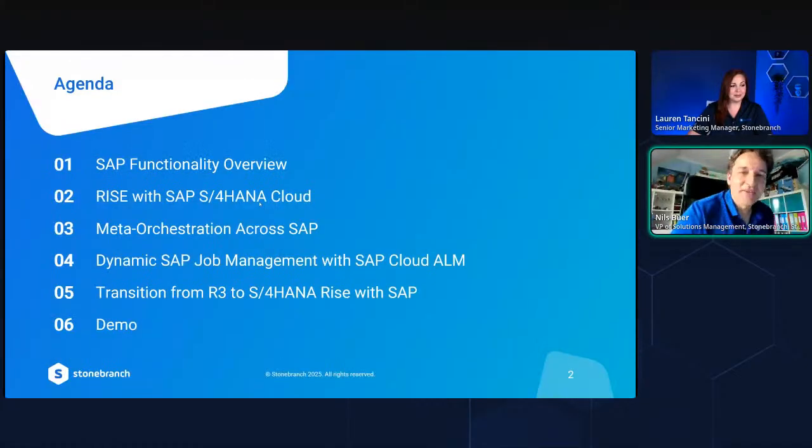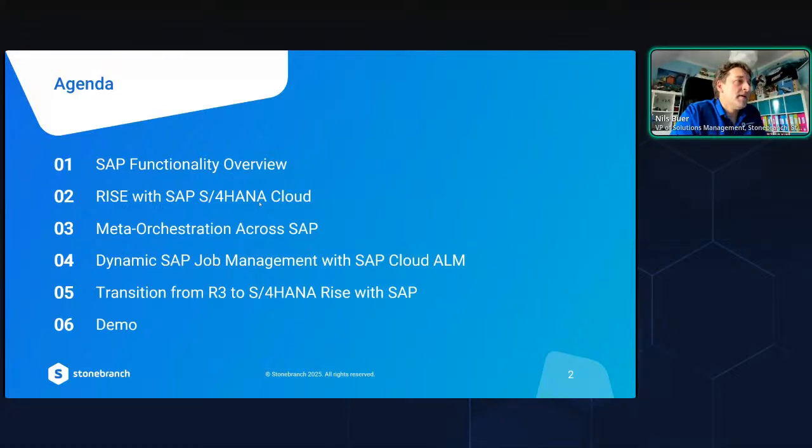Okay, today I'm going to speak about SAP and how you can automate and orchestrate your SAP landscape and beyond. It's just the agenda which I'm going to show. First of all, I'm going to talk a bit about the general functionality. I'm going to say how we're going to connect to RISE on SAP. Then I'm going to give you some examples how you can orchestrate the SAP components, but also other systems and applications which are involved in your SAP landscape.